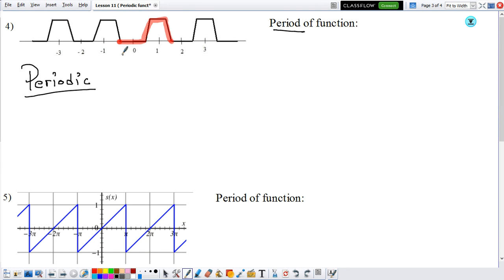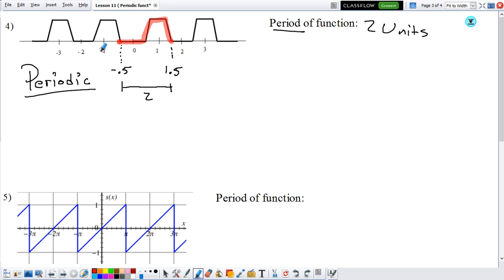Well, here, let's say that this is negative 0.5, and here, this is 1.5. So how long does it take me to go from negative 0.5 to 1.5? That's 2 units. So the period of the function is 2 units.